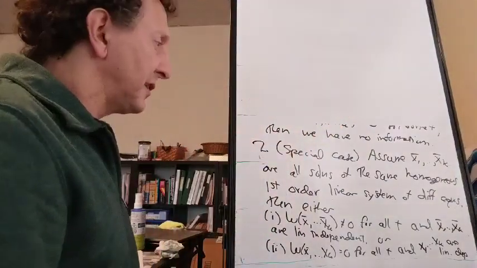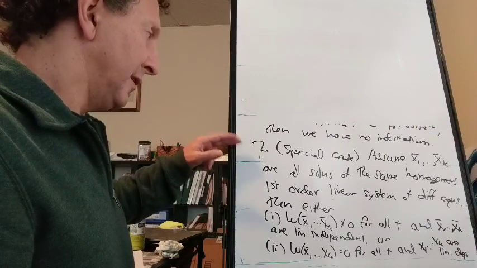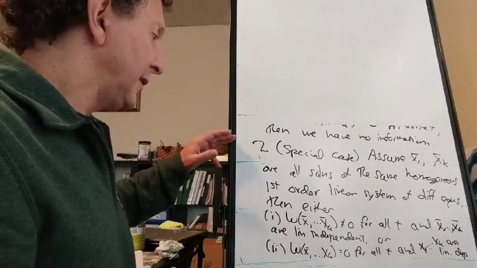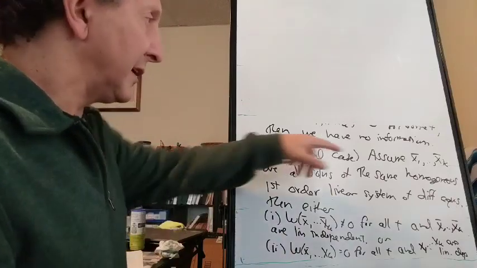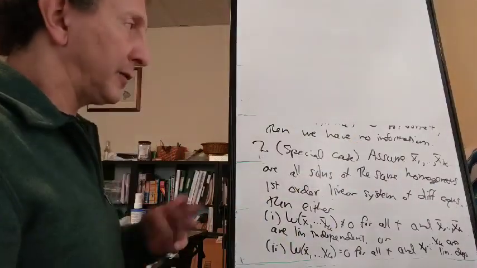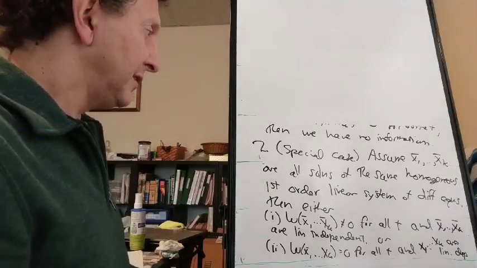Since we're studying linear systems of differential equations, I think the second version of the Wronskian theorem is going to be the one that's most interesting to us. We're going to be taking vector valued functions which are solutions of the same system of differential equations.